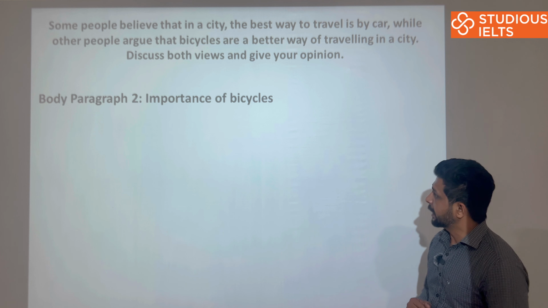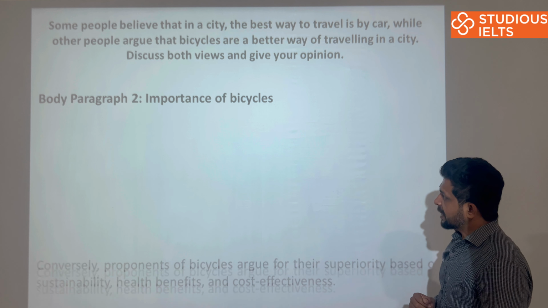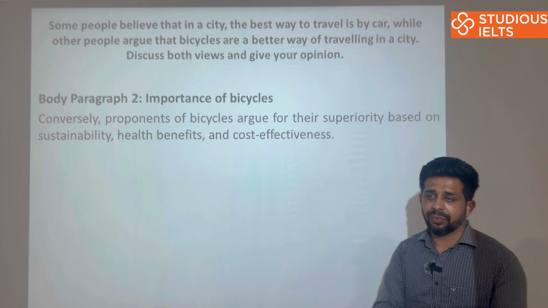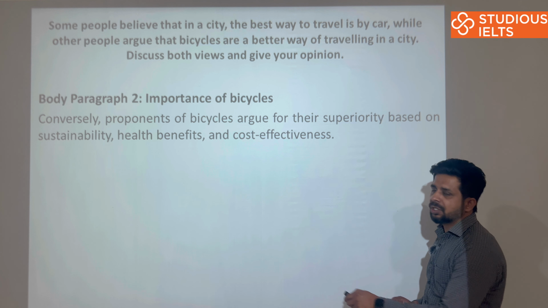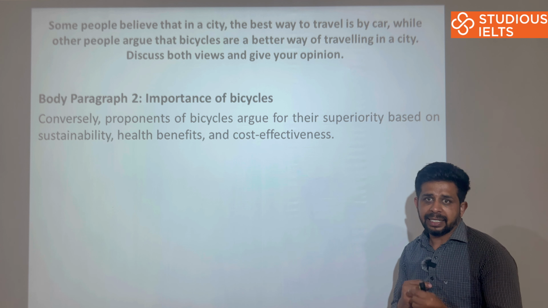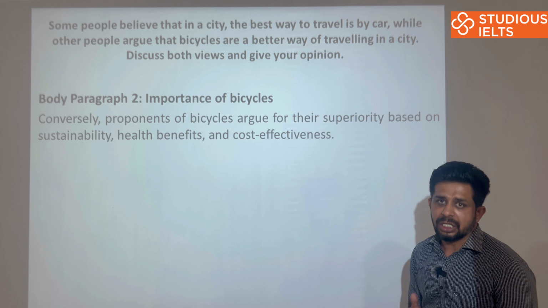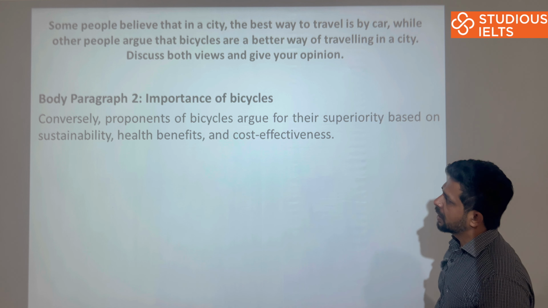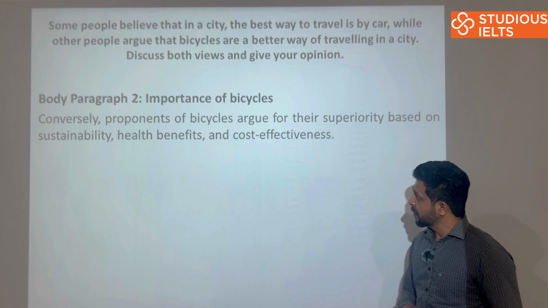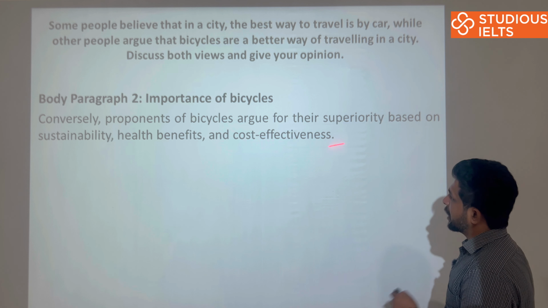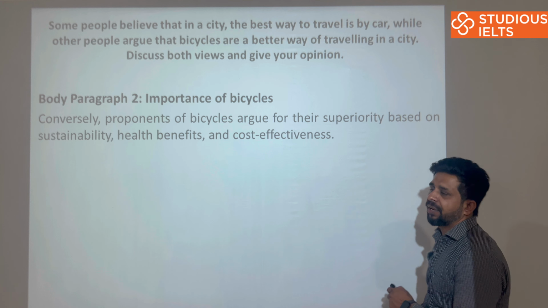Okay, what they say. Obviously we are moving to an opposite idea, so we have to use a connector that shows that yes, we are shifting from one idea to another idea which is quite opposite in nature, so we have to use an appropriate connector for that, and our connector here is conversely. So conversely, proponents of bicycles argue for their superiority based on sustainability, health benefits, and cost effectiveness.